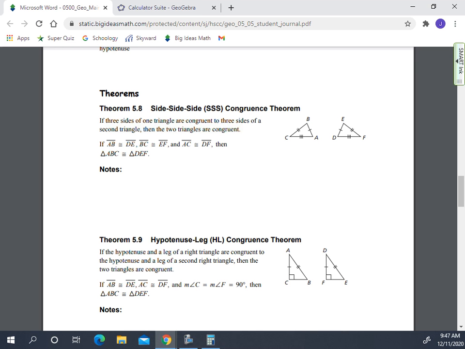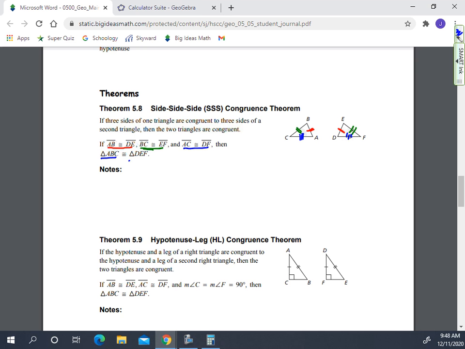Notice, they said if AB is congruent to DE, BC is congruent to EF, and AC is congruent to DF, then ABC is congruent to DEF.